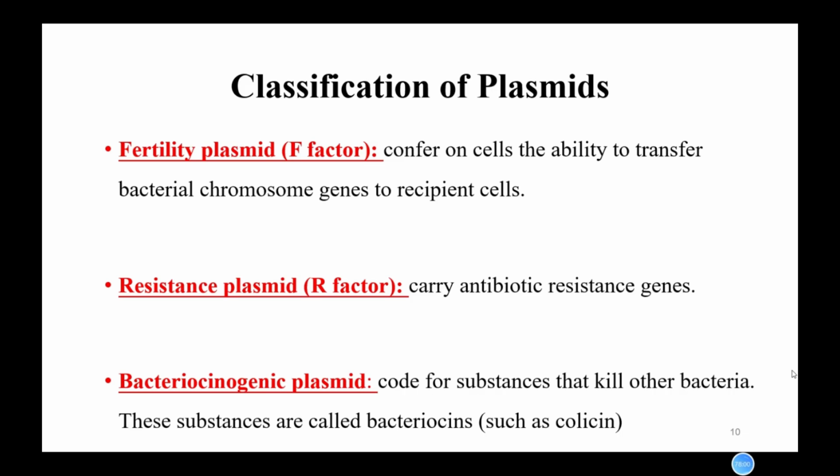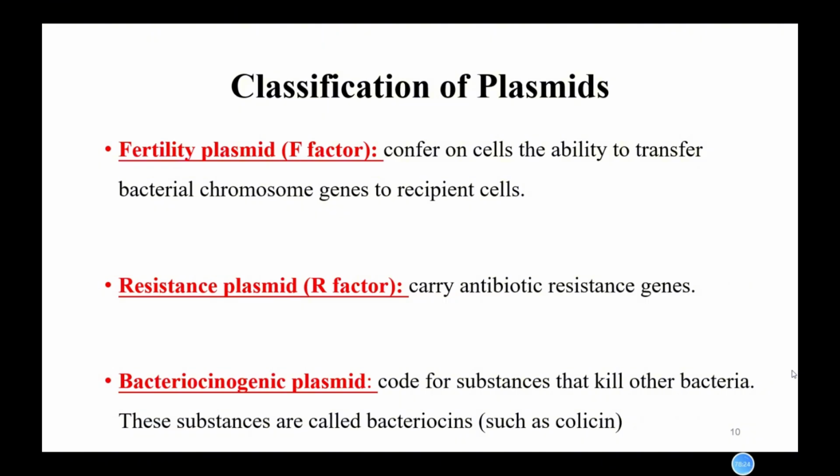Fertility plasmid means that the bacteria carrying this plasmid is able to express the sex pili, and that enables the bacteria to transfer gene from the donor cell to the recipient cell.